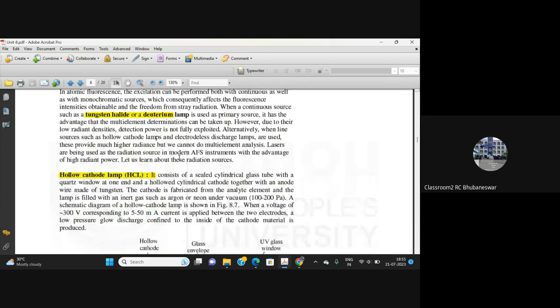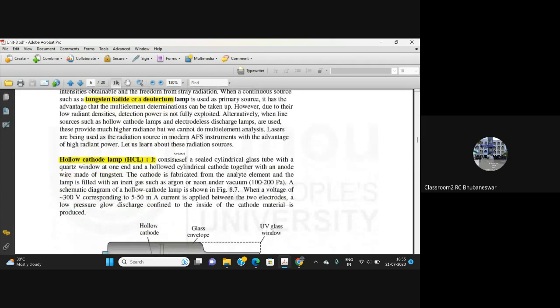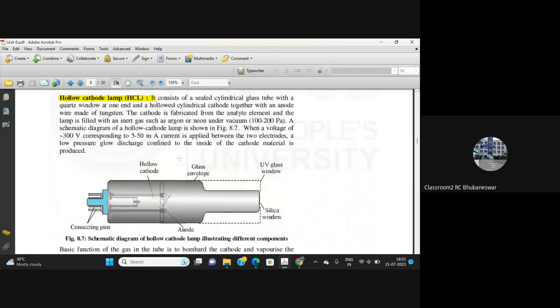Also you can use a hollow cathode lamp. This is the hollow cathode lamp. In the block diagram we just see the source, but in the instrument it is so complicated. If you see the lamp, it has many things in between.